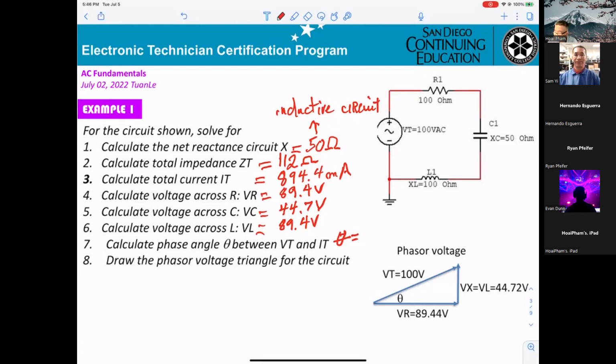26.6 is correct. However, how come you get negative? Isn't it tan inverse of X over R, but not negative?